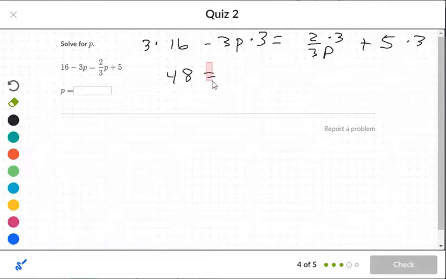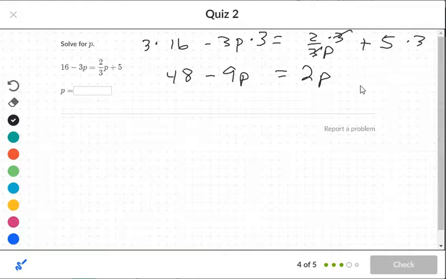And that should have been a minus sign, because a minus 3 times a positive 3 is a negative 9, letter P. So I multiply the 16 by 3 to get 48. This negative 3 times this 3 gives me a negative 9. The bottom 3 and the top 3 will disappear, so that gives me the number with the 2 and the letter P after it. And then 3 times 5 is 15.